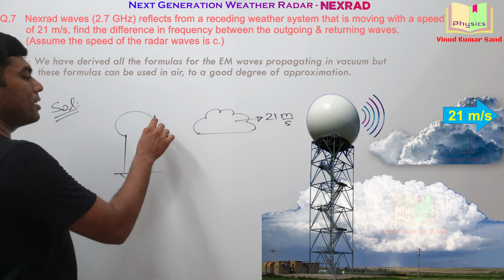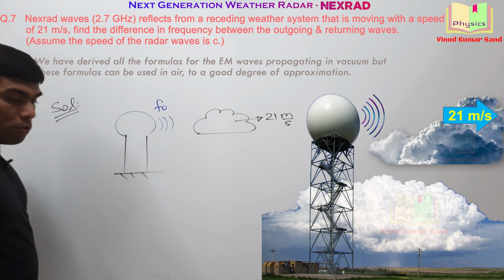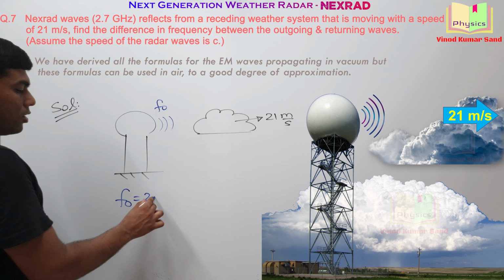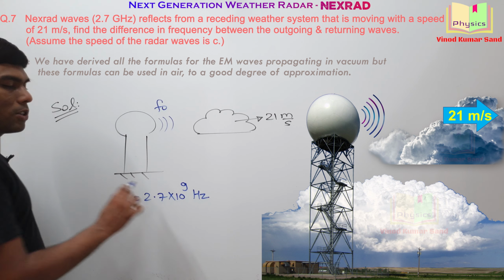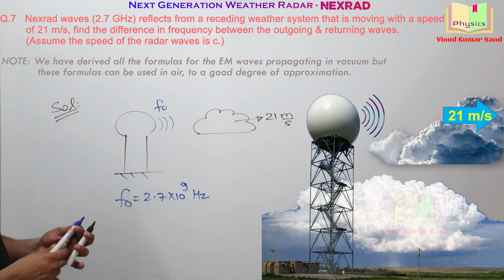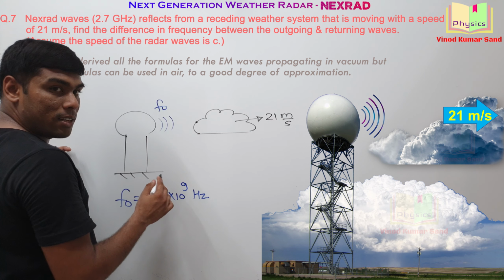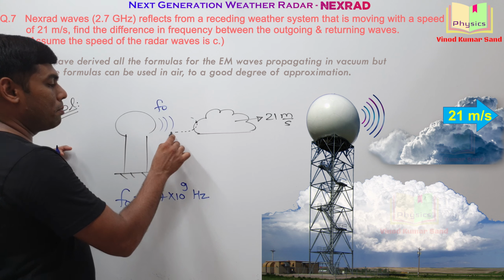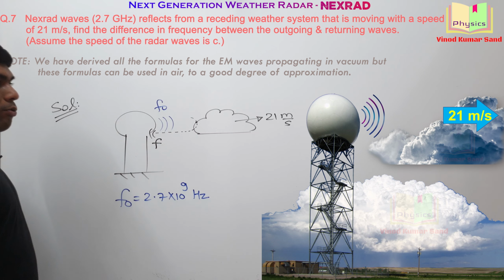The radar sends the electromagnetic waves with the frequency f0. f0 is 2.7 into 10 to power 9 hertz, 2.7 gigahertz given in the question. These waves get to the weather system and then are reflected back, and then radar receives the frequency f.